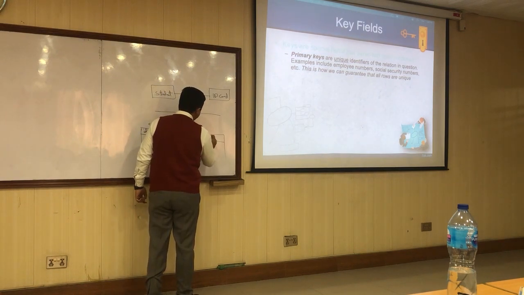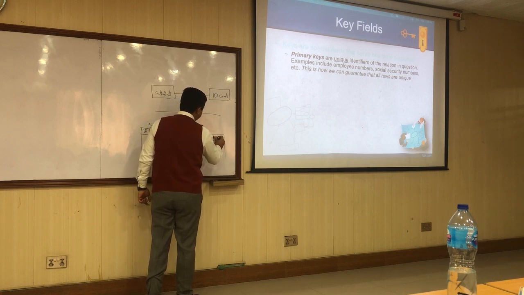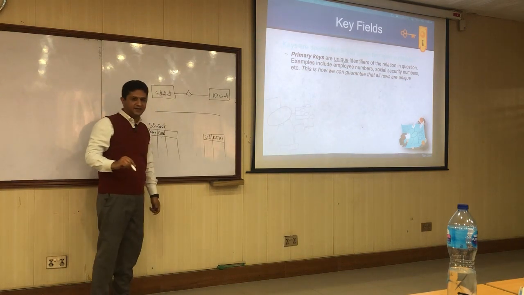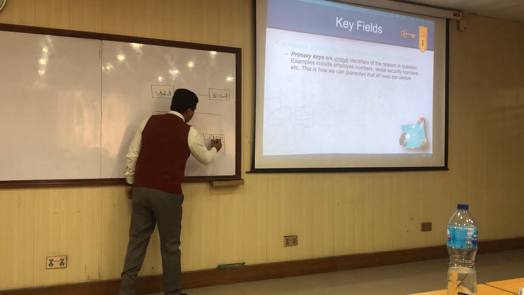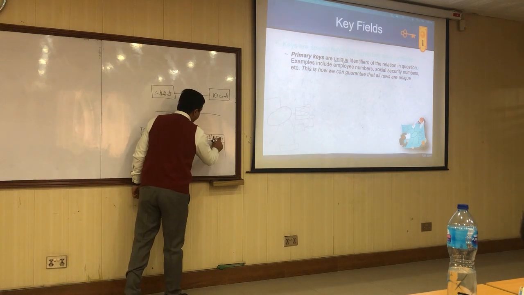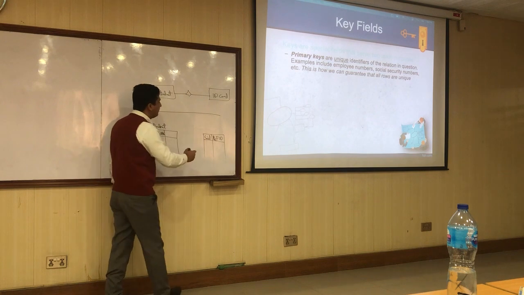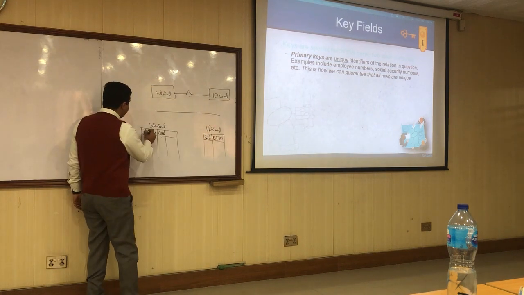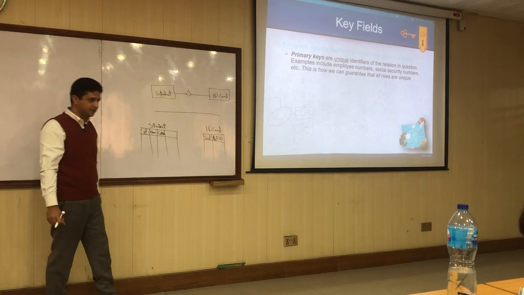One was CID to represent the card's ID, and another was, for example, RFID number. Okay, so for example, there were these 2 attributes in the ID card's entity. Okay, so for example, we have declared this CID as the primary key for this ID card relation, and this ID is, for example, the primary key of the student's relation.